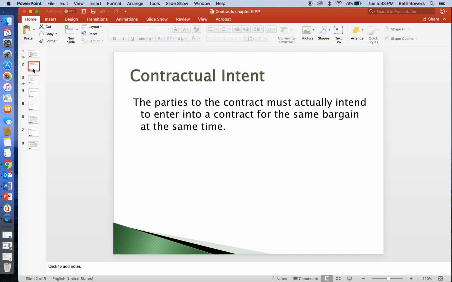They're entering into a contract for the same bargain at the same time, everyone's on the same page and everyone's serious about it. When we want to look at how to prove contractual intent, the circumstances will be very, very important, especially if someone is disputing intent. It will be fact-specific in every case, and we'll look at the words of the parties, the actions of the parties, the relationship between the parties.